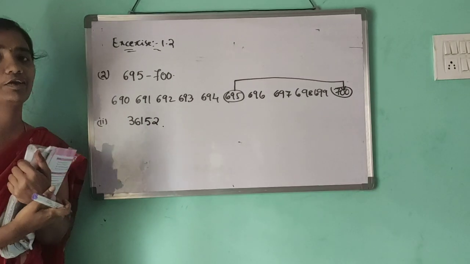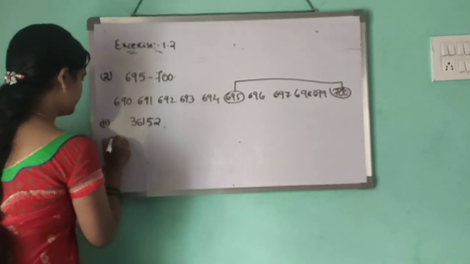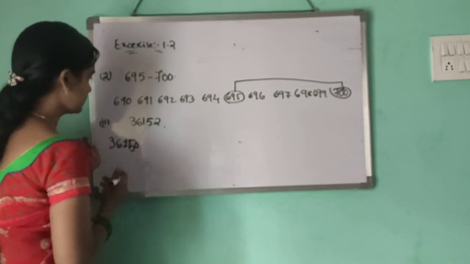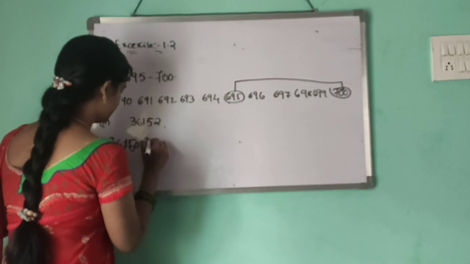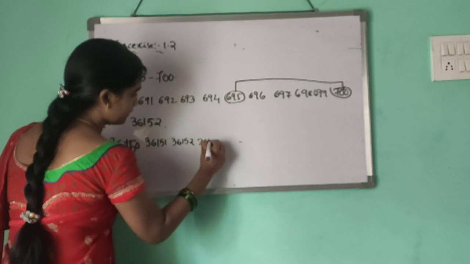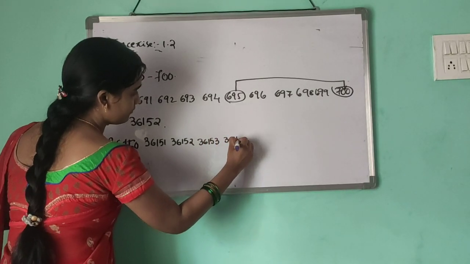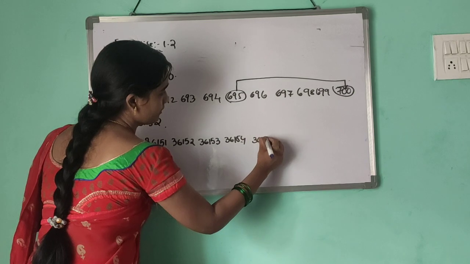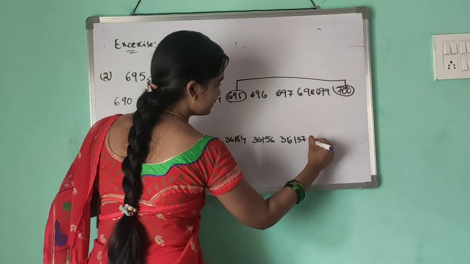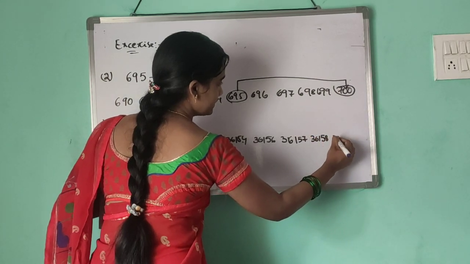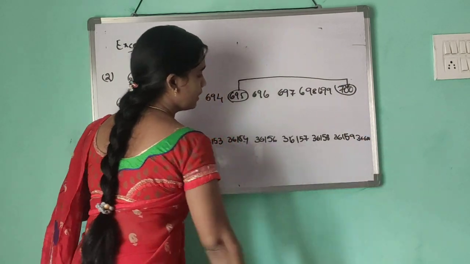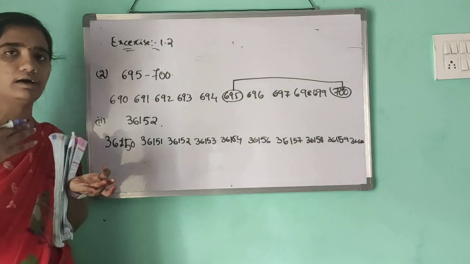Let's go to the second one: 36152. How can we find it? See, 36150, 36151, 36152, 36153, 36154, 36156, 36157, 36158, 36159, 36600, until we get the hundreds place.